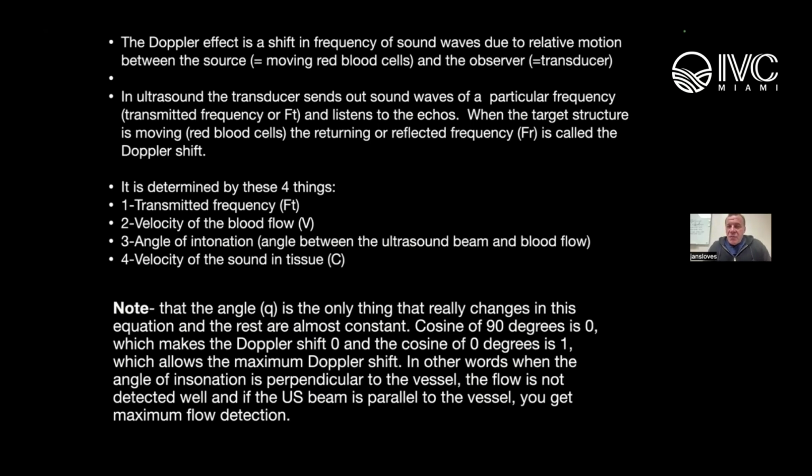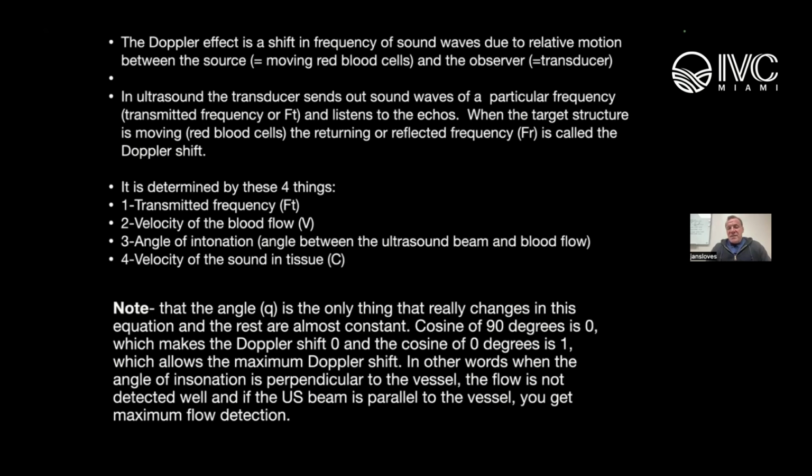In terms of the red blood cell and the ultrasound transducer, the transducer sends out sound waves of a particular frequency, which is the transmitted frequency, and it listens to the echoes. The moving target, the red blood cells, returns the reflected frequency, and the difference is called the Doppler shift.